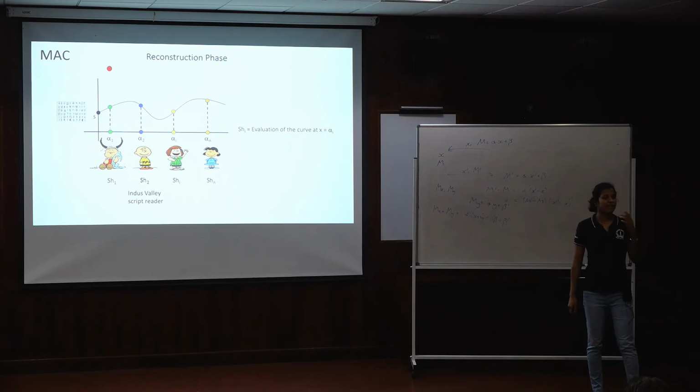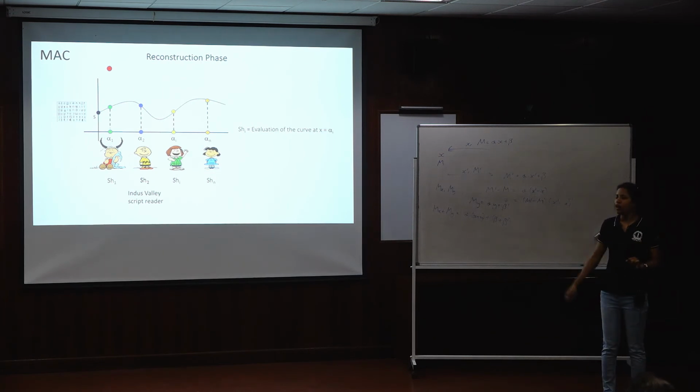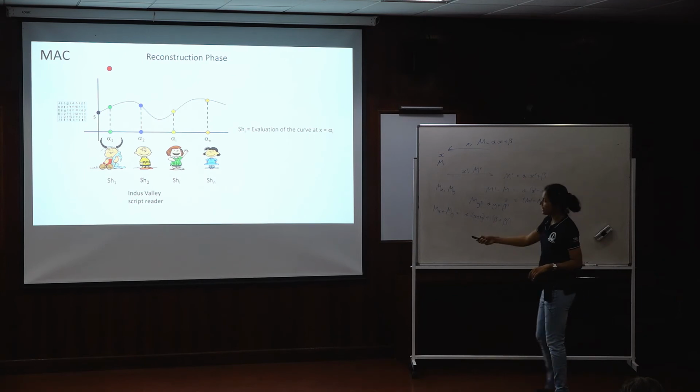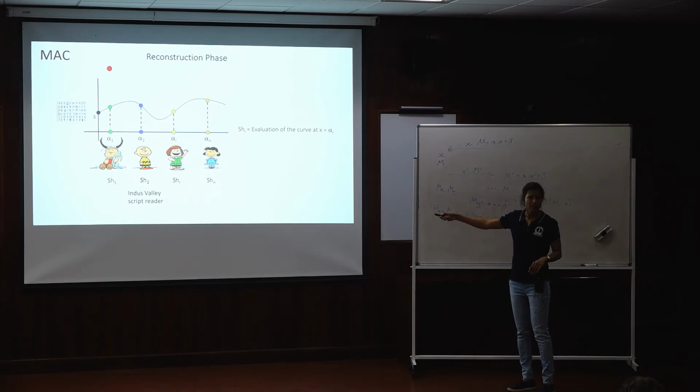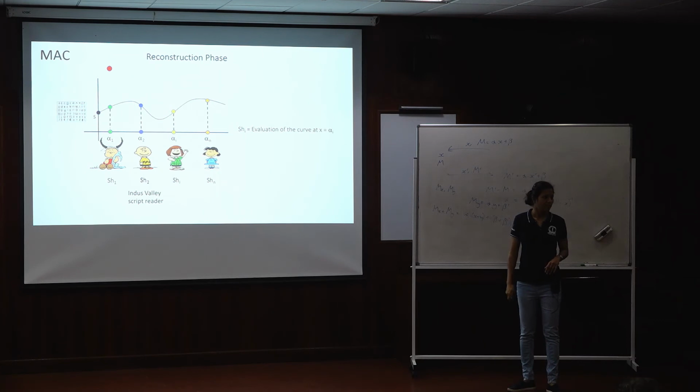So if he changes either the green point or the certificate, tweaking it without knowing the meaning, without knowing how to read the script, then with very high probability he will change the content of this MAC and he is going to be caught by this guy, right?